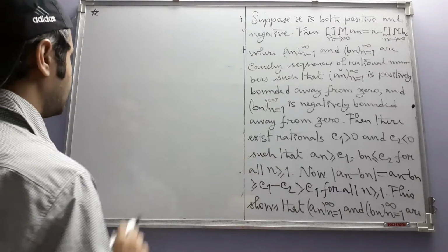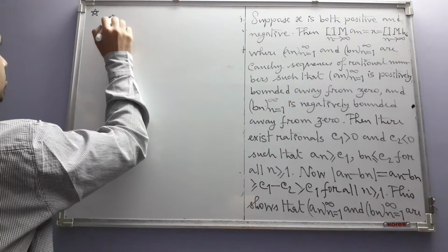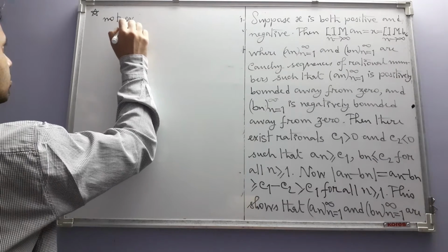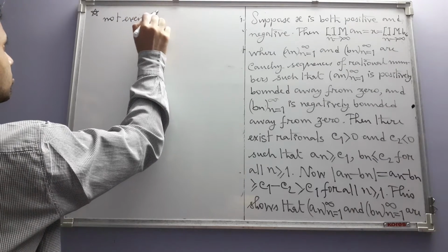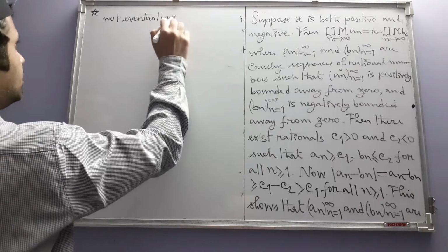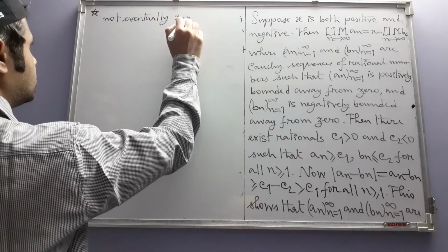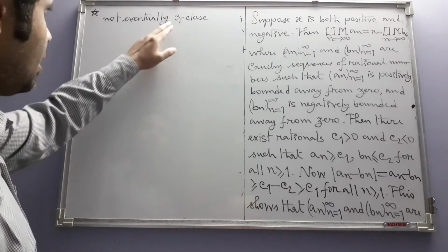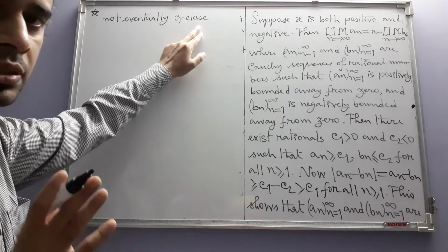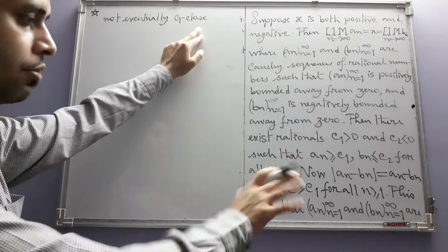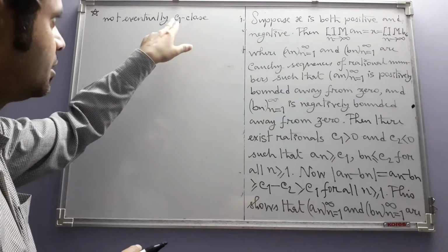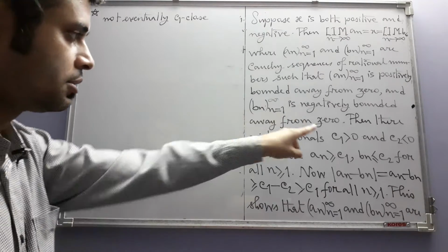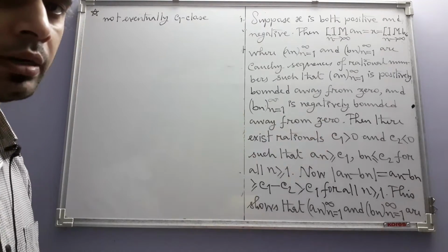This and this are not eventually C1 close. Note that the term C1 close makes sense. Although this is not C1 close, the term itself makes sense because C1 is a positive rational number.